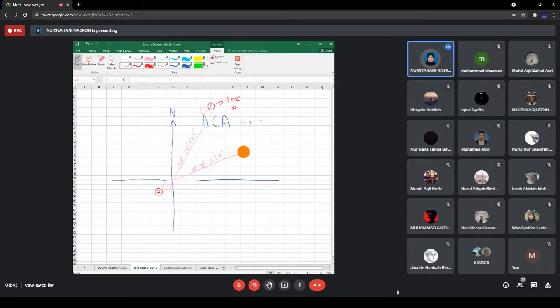This one is assumed, or by prismatic compass, from the assumed bearing. And then you need to prove your datum based on true north.